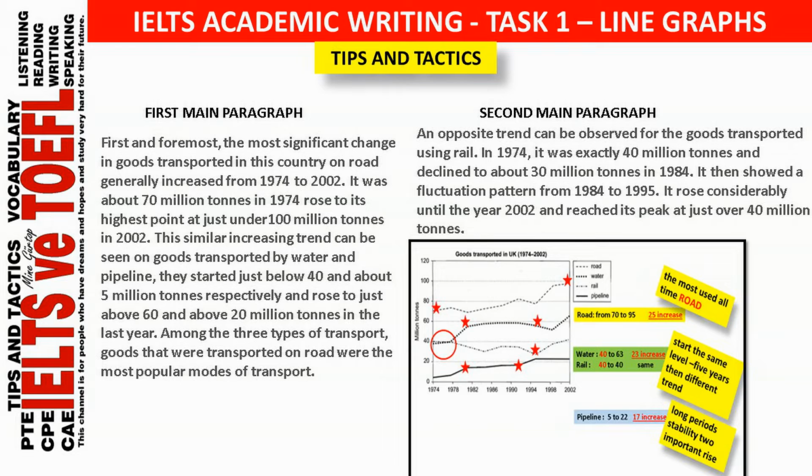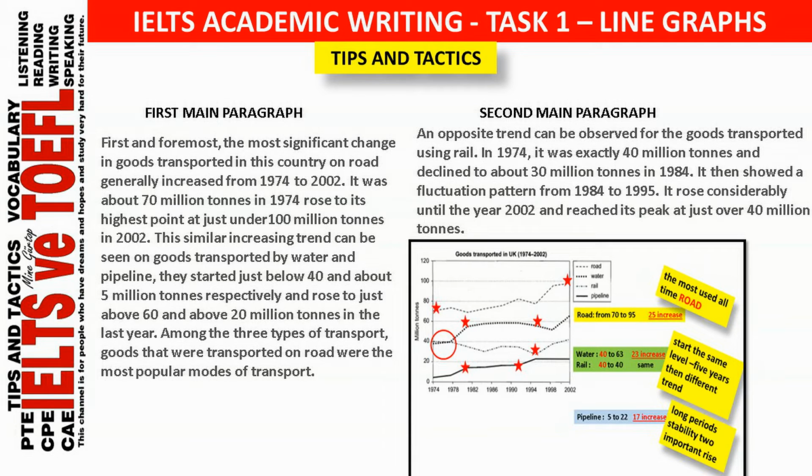This similar increasing trend can be seen in goods transported by water and pipeline. They started just below 40 and about 5 million tons respectively, and rose to just above 60 and above 20 million tons in the last year. Among the three types of transport, goods transported on road were the most popular mode of transport.